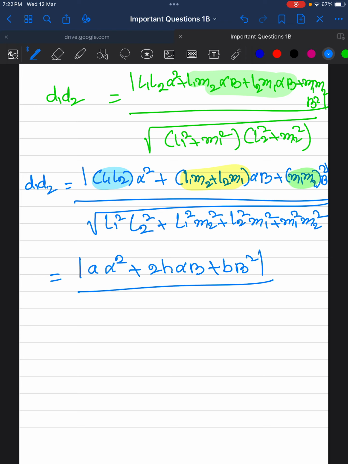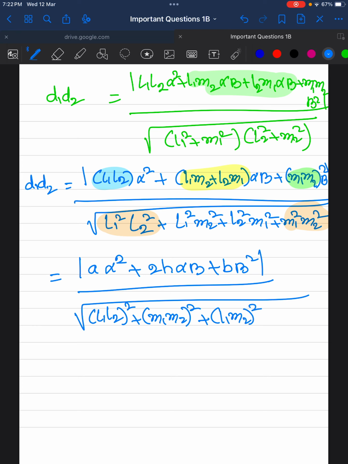Now we need to find the denominator only. I am combining the two denominators. Already we have discussed, L1 L2 whole square plus M1 M2 whole square, plus L1 M2 whole square plus L2 M1 whole square.